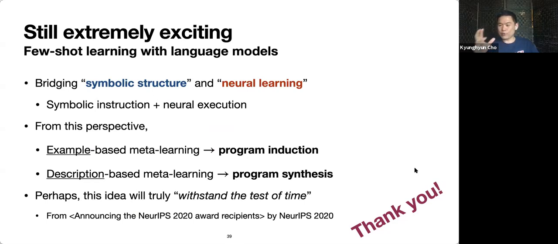This is an extreme opportunity that we have as a field, because this seems to tell us potentially the right way to bridge symbolic and distributed representations: symbolic instruction executed by our neural execution engine. And this perspective gives us a lot of different avenues to pursue.